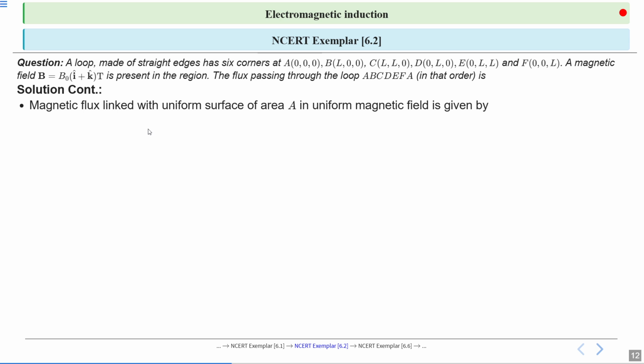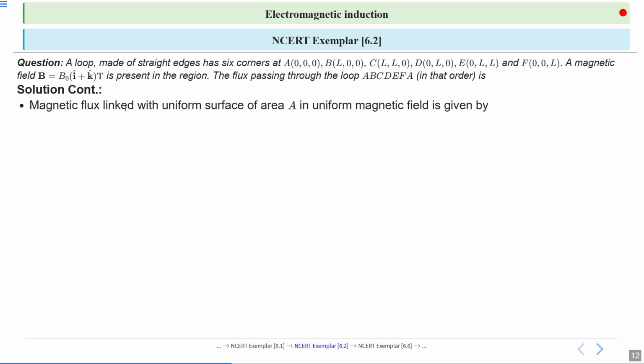Area vector is also A equal to L square I cap plus K cap. Okay, now both are in the same direction, I cap plus K cap. Both magnetic field and area vector is in the same direction. So there will be magnetic flux, and that is maximum magnetic flux linked with the coil.